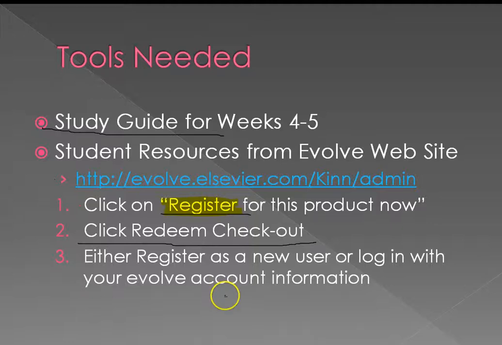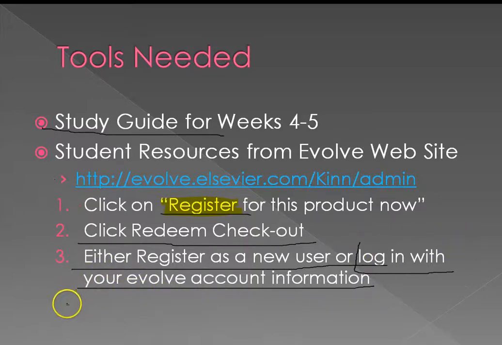You click redeem and then check out, and then you either register as a new user, which you have to put in your name, your email address, and all of that personal information, or if you already have an Evolve account from a previous course, for example, you may have used your Language of Medicine Evolve account or the Insurance Handbook for the Medical Office Evolve account, then you can log in with that same information.